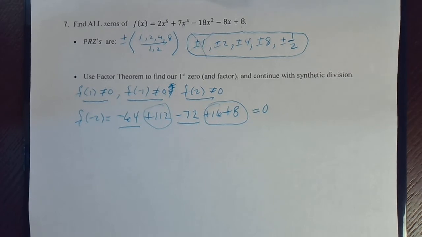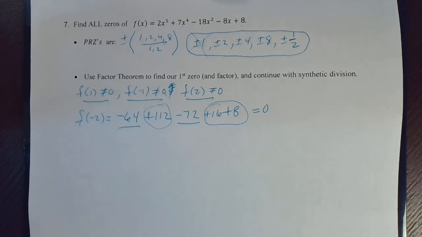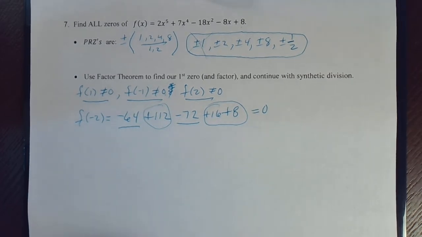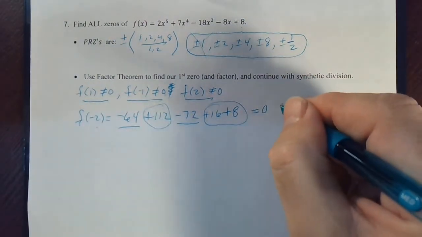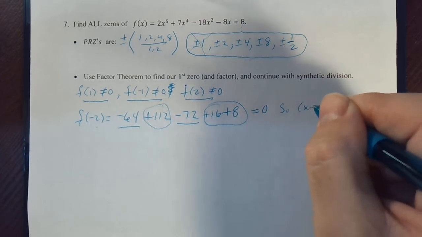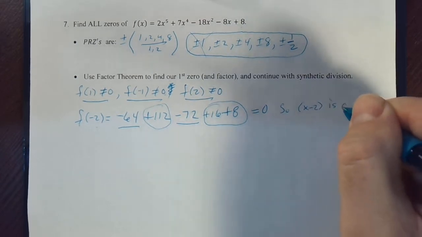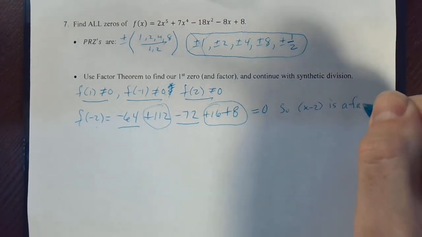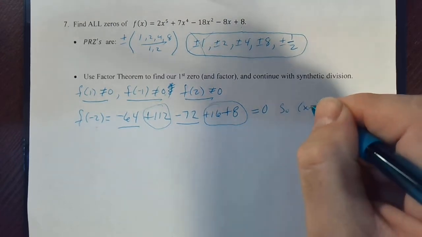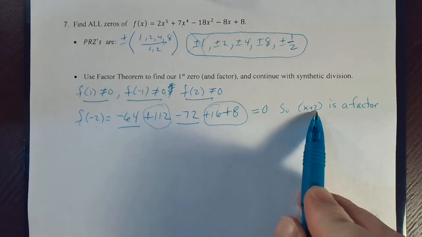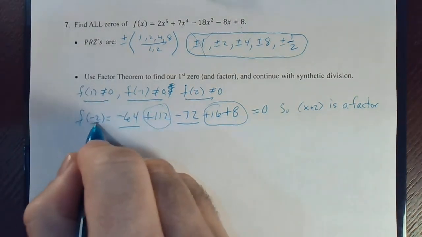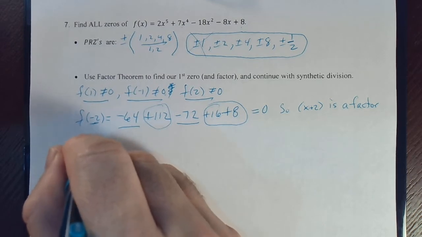It's our first 0. So now we need to divide. That means that f of negative 2 is 0, so x minus 2 is a factor. I said that wrong. It's x plus 2. It's x minus a negative 2. x plus 2 is going to be a factor. All right, so I'm going to put negative 2 in the cup.